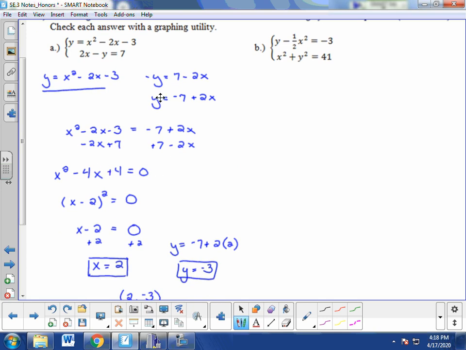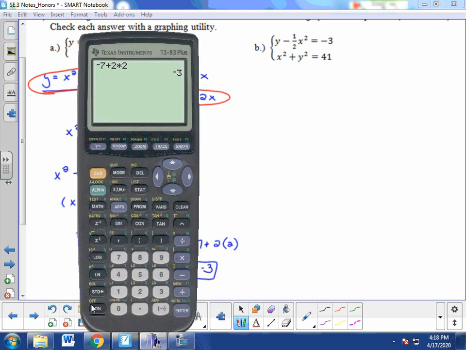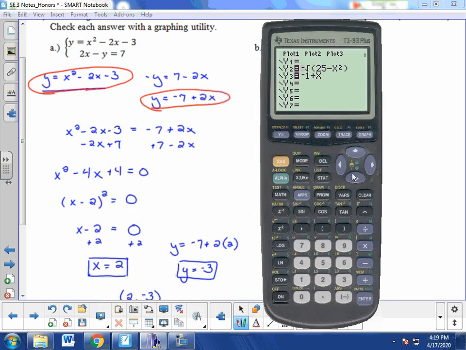Now, it does say to check your answer with a graphing utility. So if we have this written, let me go back to the top and I'm going to circle two pieces. If we have our equations written equal to y, and that's why I mainly use substitution, now I can just type this into my graphing calculator and find those intersections to make sure that the solution I got here is correct. Notice that we only had one solution.